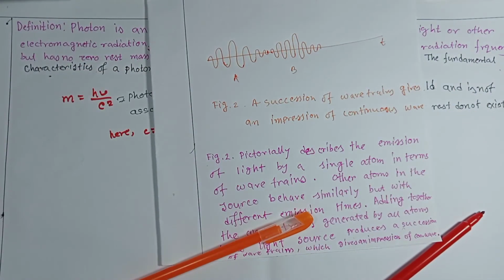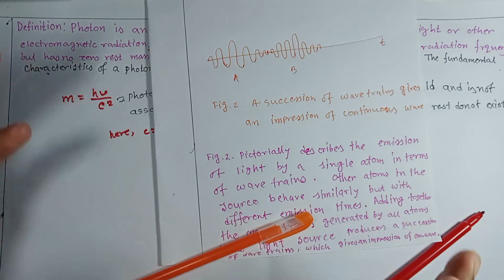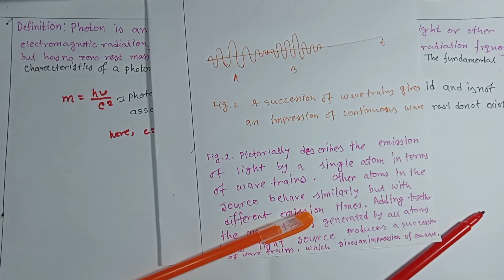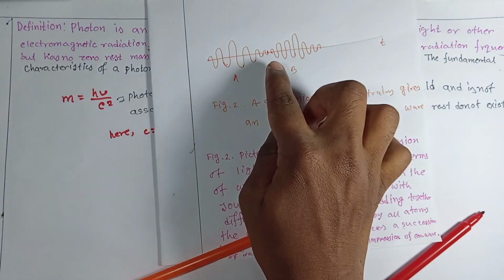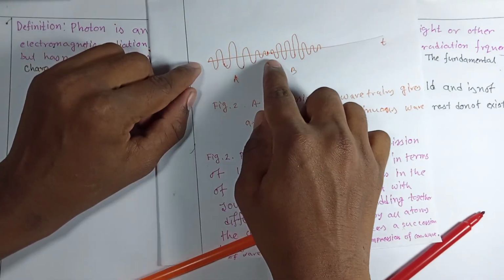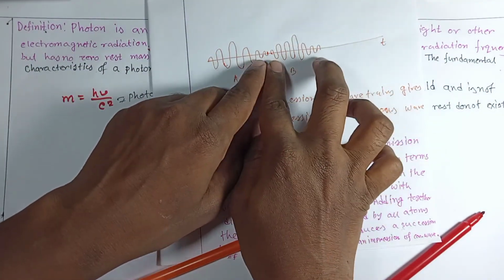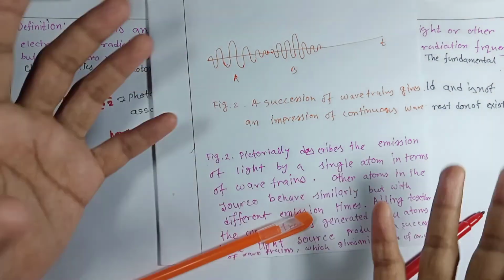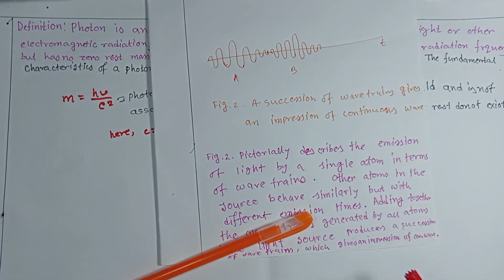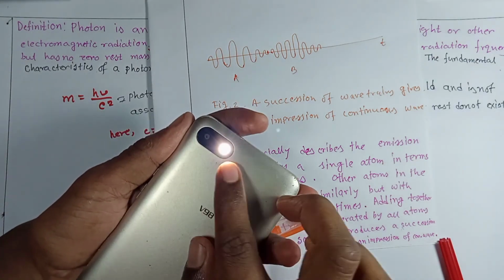There are a large number of atoms in the source, so we add them together, that is the wave trains, and we get a continuous wave. This is the source of light.